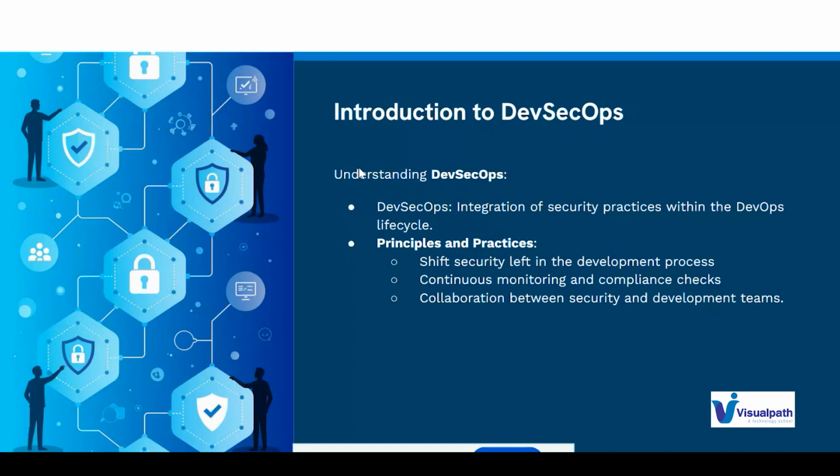For example, using a Docker container with the root user is not a recommended way, so you have to use your own user. There are a lot of other recommendations also. So these are some security practices you have to follow to secure your application.